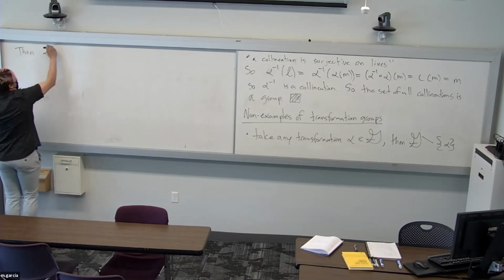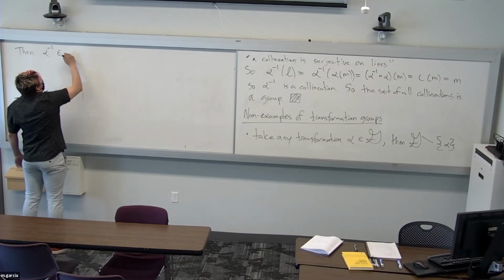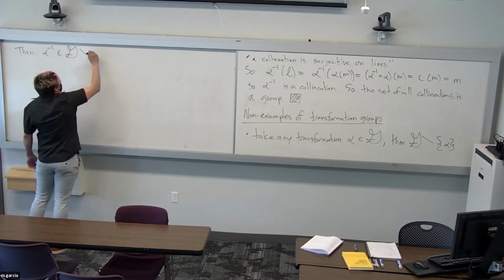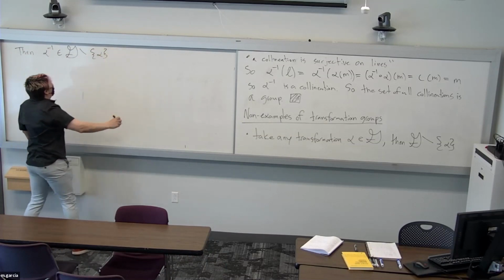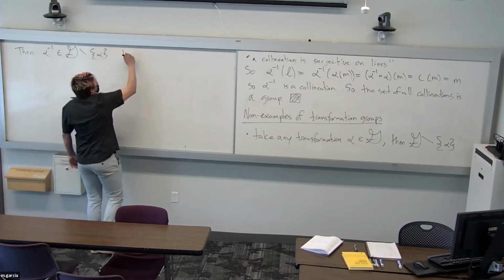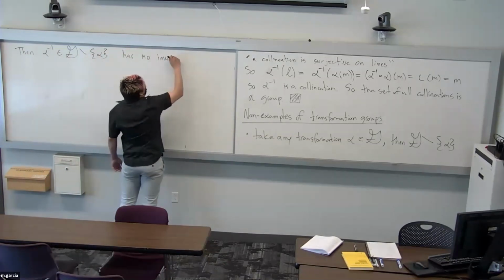Then alpha inverse, an element of our new set G minus alpha, has no inverse.